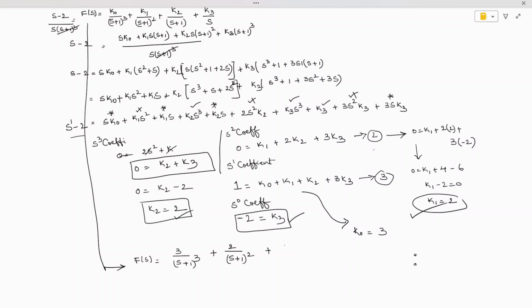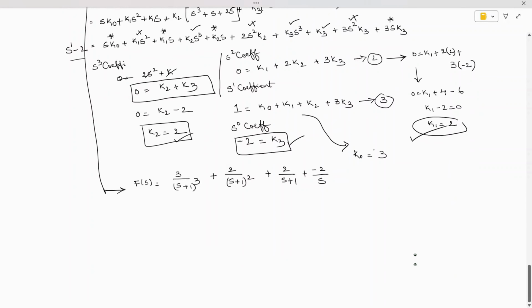K2 value is 2 divided by s plus 1 plus k3 value is minus 2 divided by s. Okay, so like this we will be getting 4 terms after partial fractions. Okay, so for this we need to apply inverse Laplace transform.